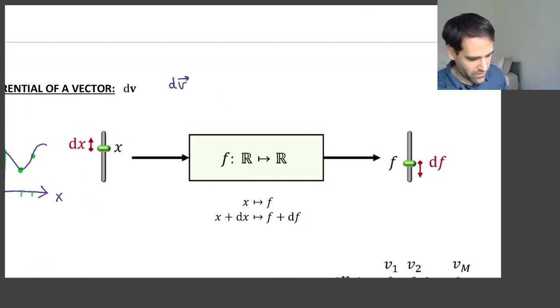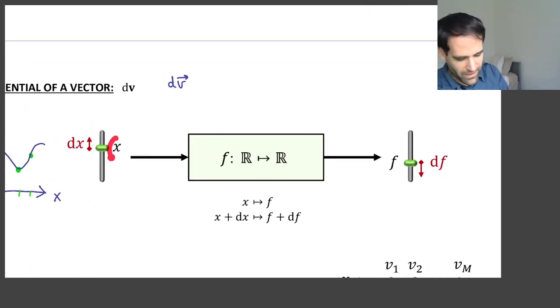So consider this. We have a certain value of x, and this certain value of x produces a value of f. Now if we increase x by an amount dx, then the value of f increases by an amount df, okay? And this is what I'm writing here.